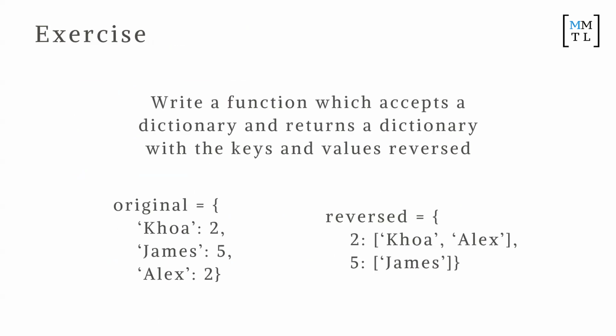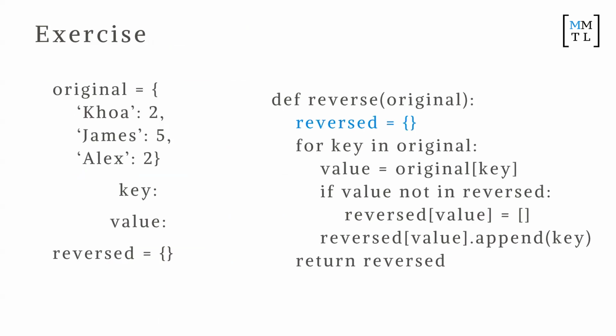Okay, so say we have an original dictionary that looks like Qua 2, James 5, Alex 2. We want to reverse it whereby the values are stored in a list. So this is what the code actually looks like. So let's run through it step by step. We firstly create a reverse dictionary, okay? And then for every key in the original, so that is for Qua, James, and Alex, we're going to go through a certain logic, okay?